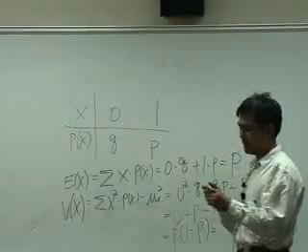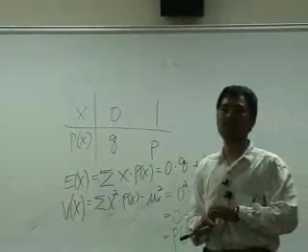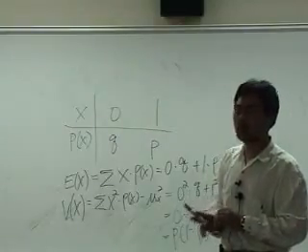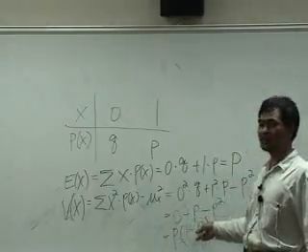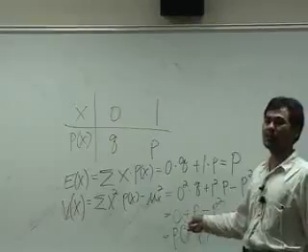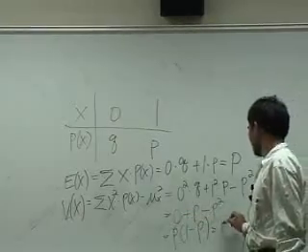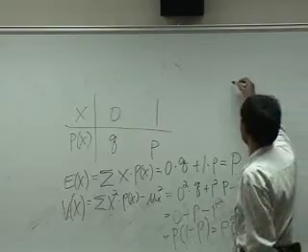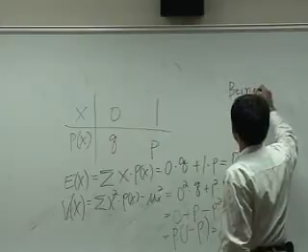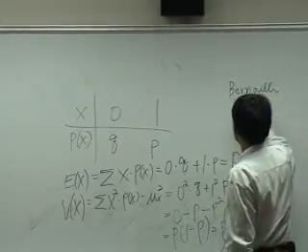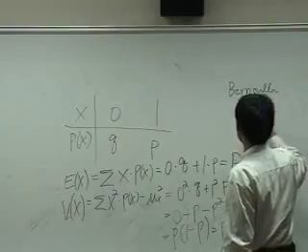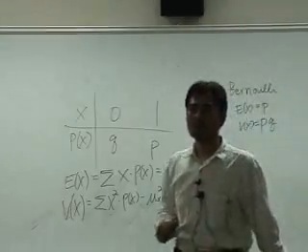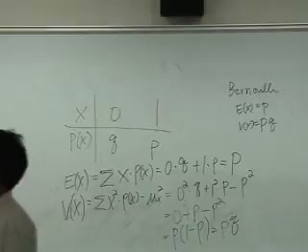Remember the relationship between p and q: p plus q is equal to 1, so 1 minus p is equal to q. So it is equal to p times q. So for a Bernoulli trial, the expectation is equal to p and the variance is equal to pq. Questions?